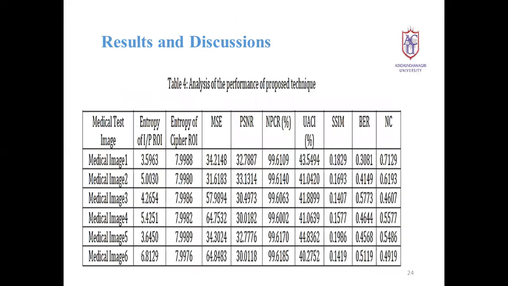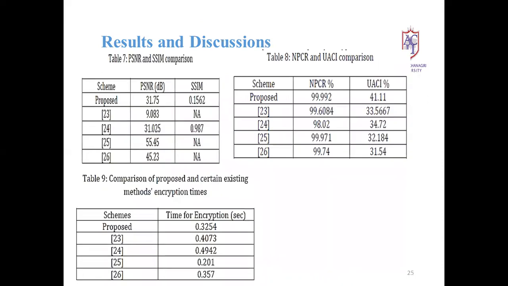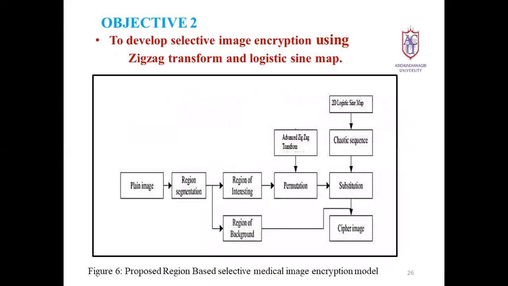So these are the results. Our proposed technique is compared with the existing one, which shows our proposed system is giving better security compared to the existing in terms of NPCR, UACI, peak signal to noise ratio, structural similarity index measure, and also in terms of encryption time.